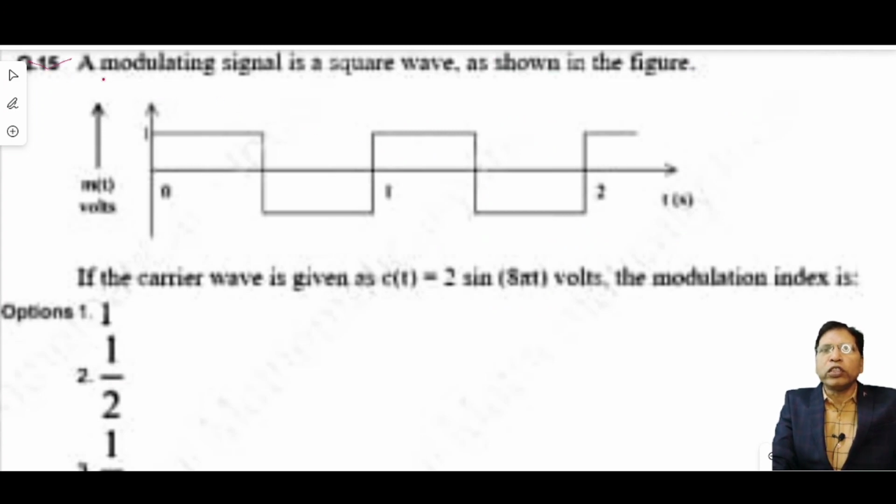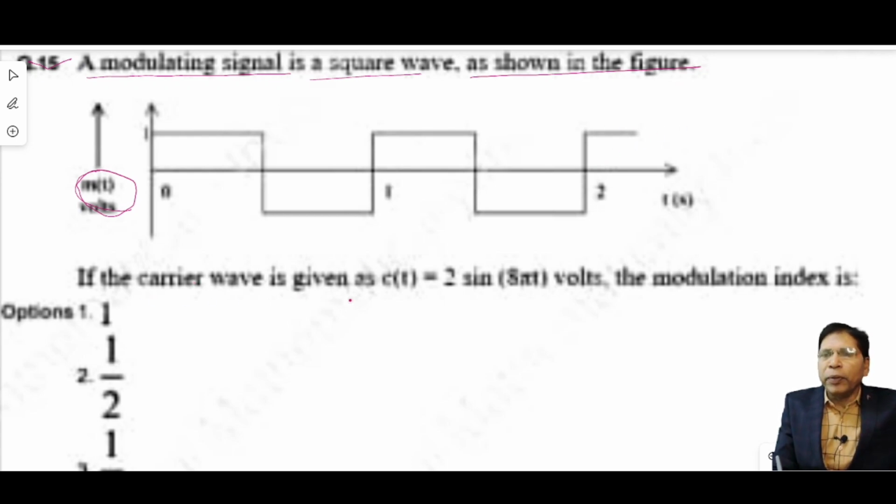Now question number 15. A modulating signal is a square wave as shown in the figure. This is the modulating wave. Now this is the modulated wave. This is 1, this is minus 1, this is 1, this is minus 1, this is 1. Okay.